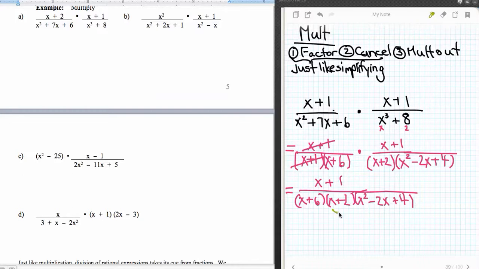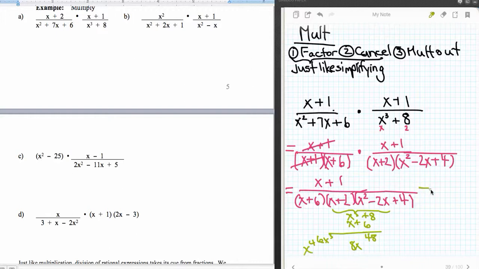In other words, they would multiply back out to be x cubed plus 8, and then multiply that by x plus 6, and we can do that with long multiplication: 6 times 8 is 48, and then we get 6x cubed way out here, right? And then we have x times 8, which is 8x, right here. And then we have x times x cubed, which is x to the 4th. And so we would have all of these summed up.